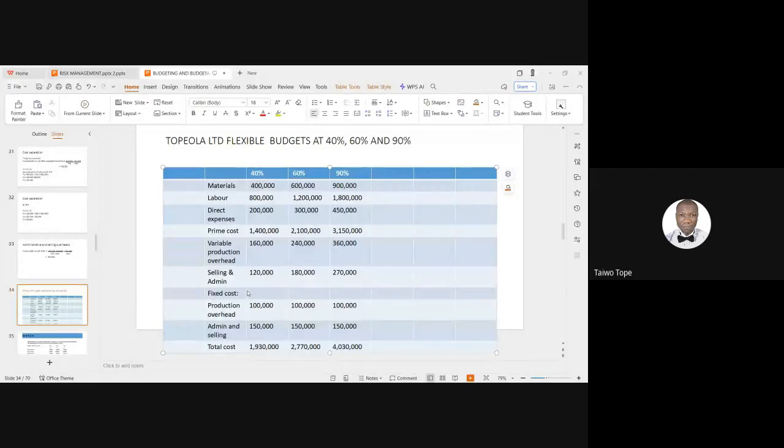At 60%, it will be 240 plus 100 to give you 340. And at 90%, variable production overhead of 360 plus the 100 gives you the total production overhead at that level. So I believe our answers are correct.